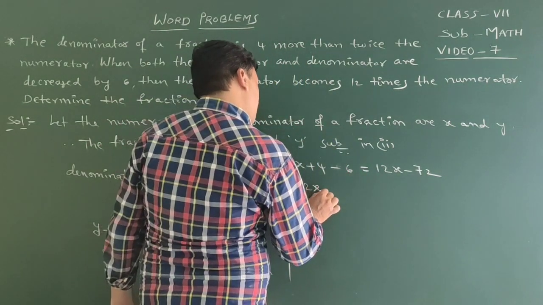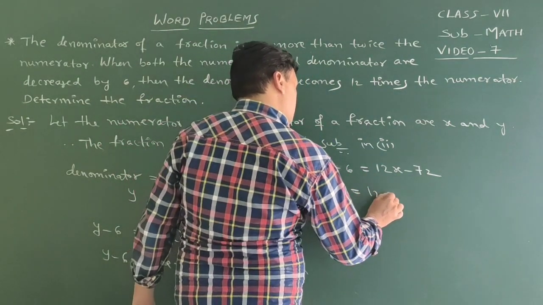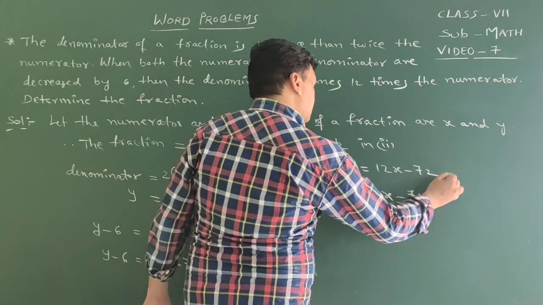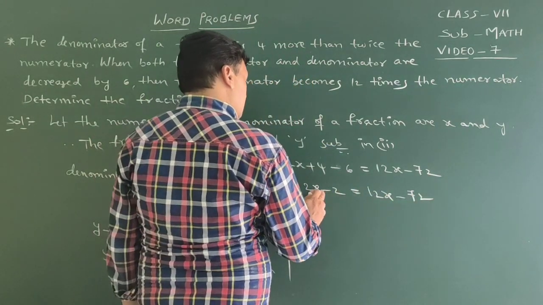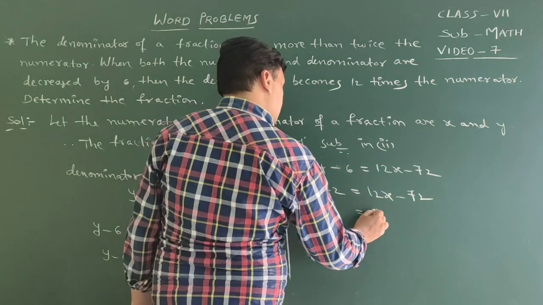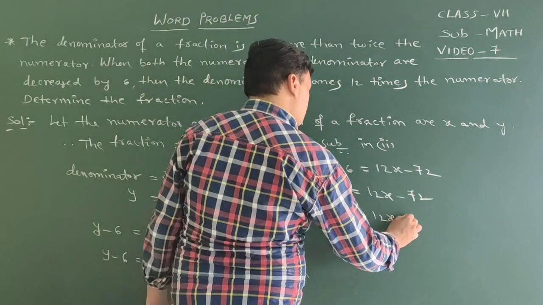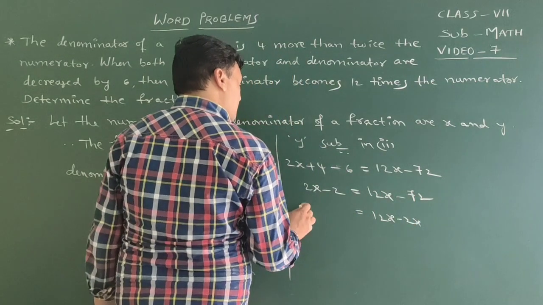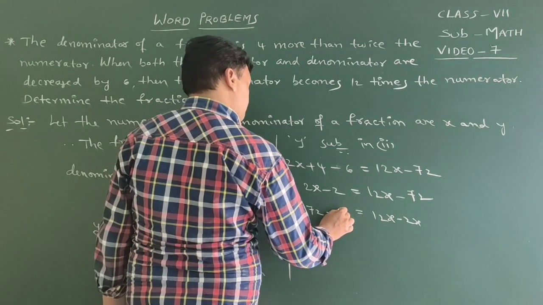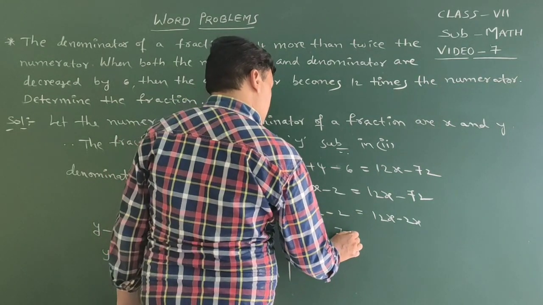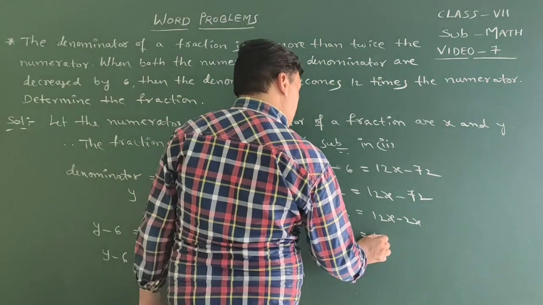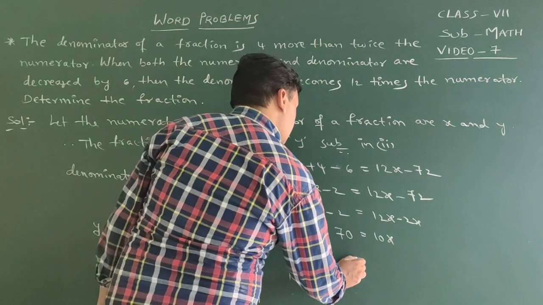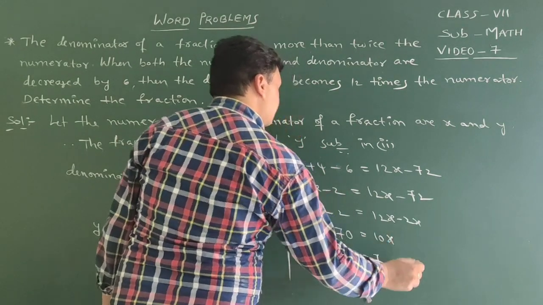Now 2x minus 2 equals 12x minus 72. Here minus 2x on the right side, and minus 72 becomes plus 72. So 70 equals 10x, x equals 7.